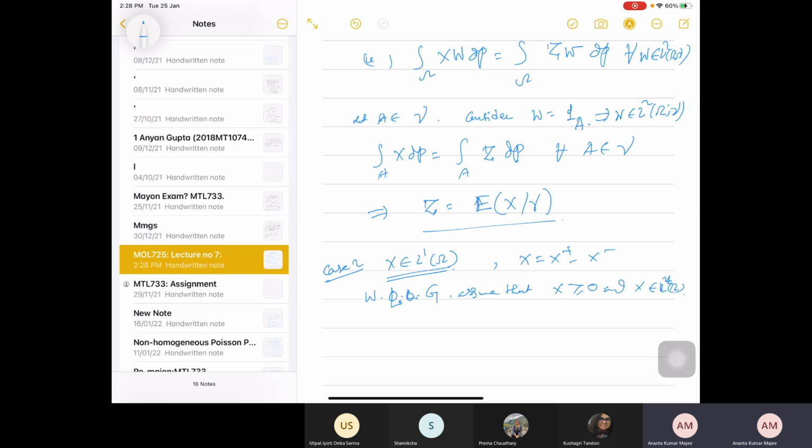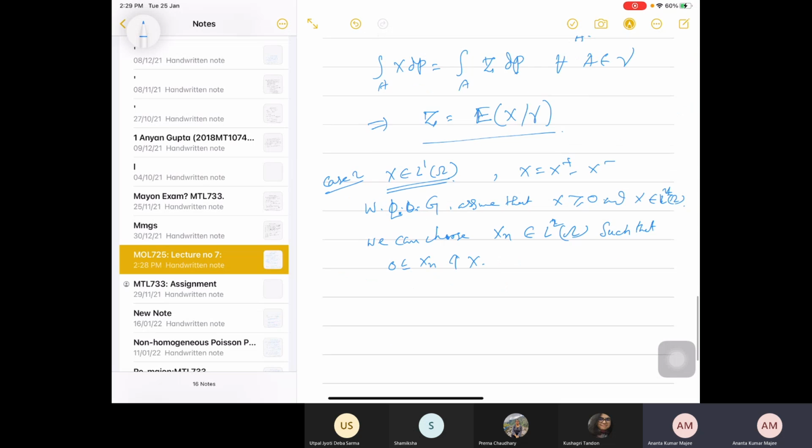So what can I choose? We can choose a sequence xn from L2 of omega such that 0 is less than or equal to xn, which is increasing to x. So now I am considering Zn.